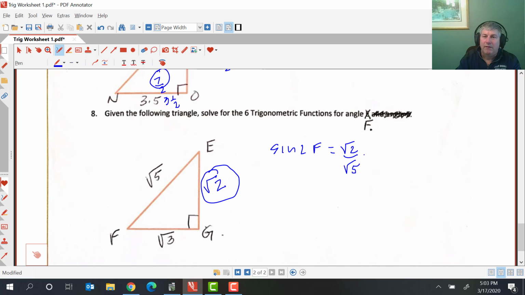This was kind of a nasty problem because we've got to rationalize everything. So we multiply by the square root of 5 over the square root of 5, which gives us the square root of 10 over 5 for the sine of angle F. You'd have to do a similar process for the rest of your trig functions for that triangle.